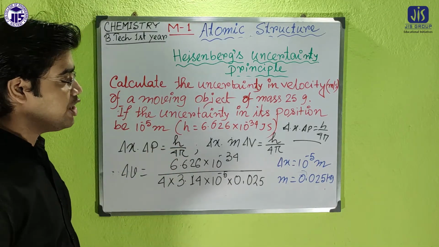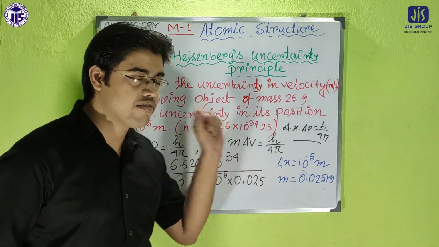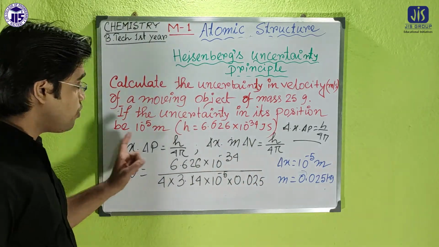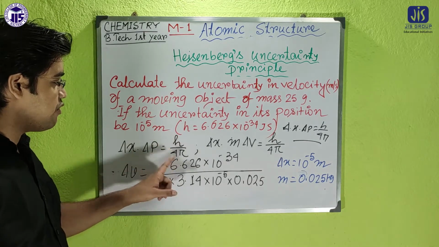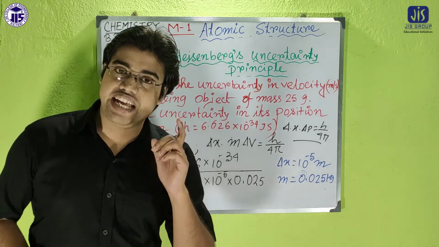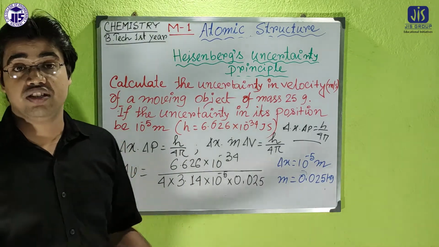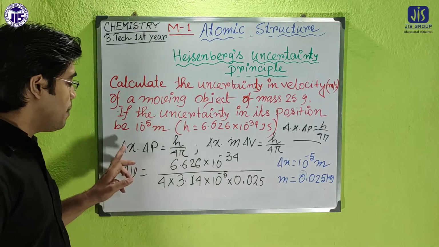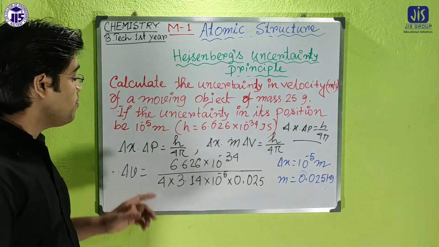First of all, the problem depends on the Heisenberg uncertainty principle. According to it, del x into del p equals h by 4 pi, where del x is the uncertainty in determining the position, and del p is the uncertainty in determining the momentum.